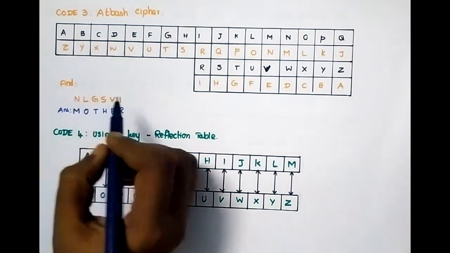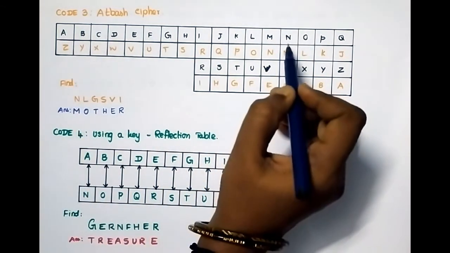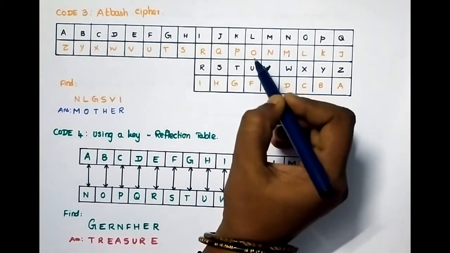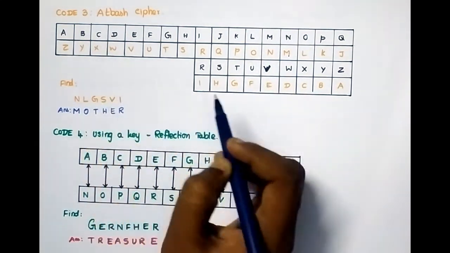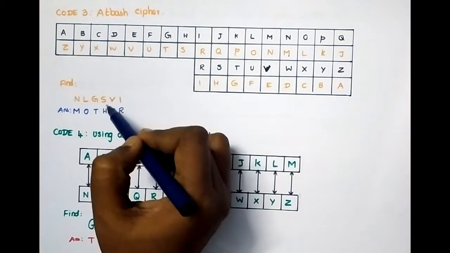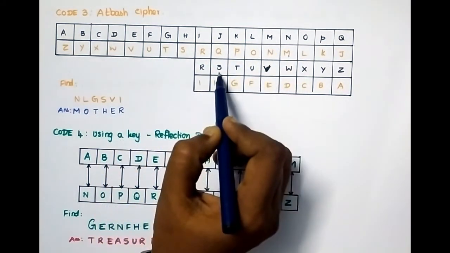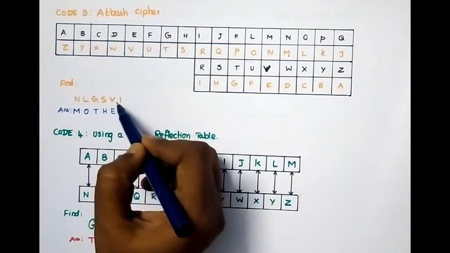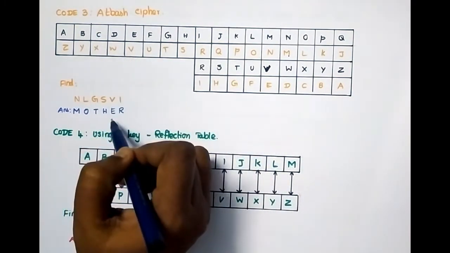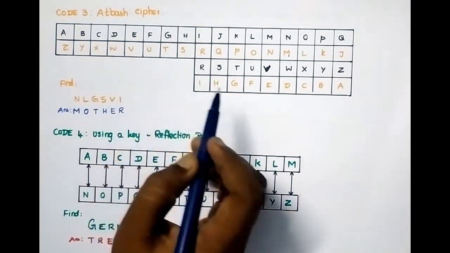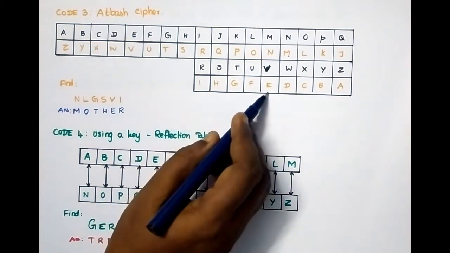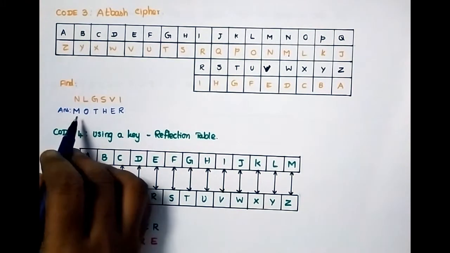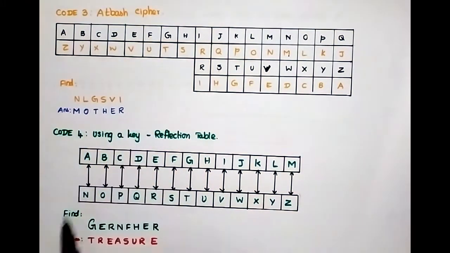Listen, N denotes M, L denotes O, G denotes T, S denotes H, V denotes E, and I denotes R. So we get the word mother.